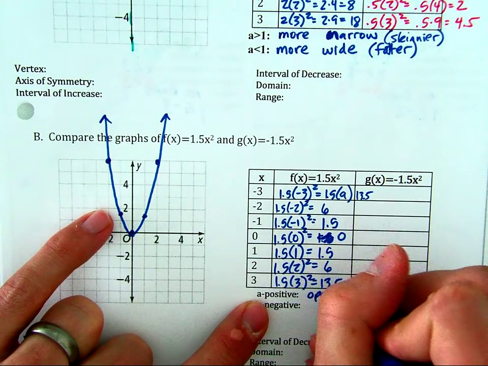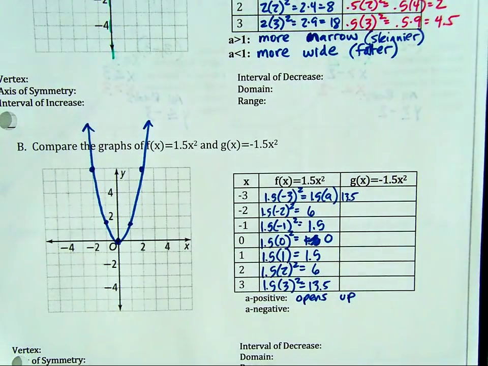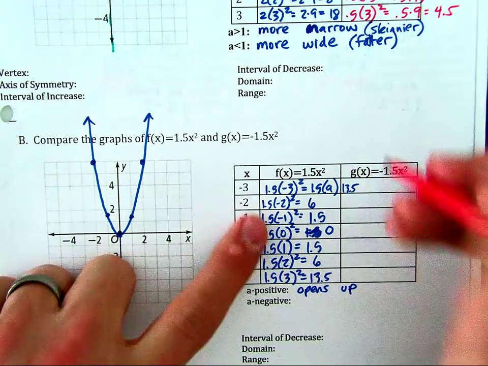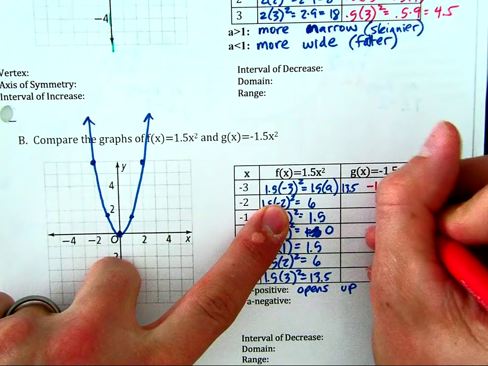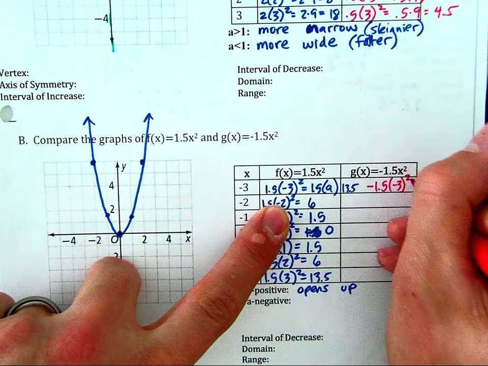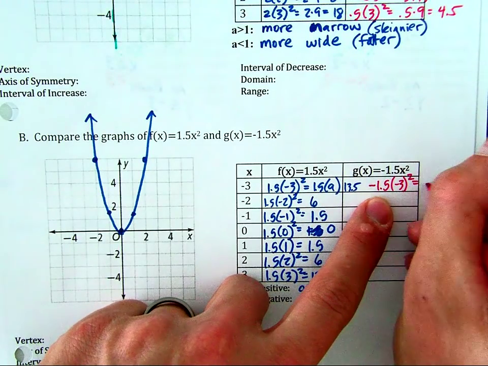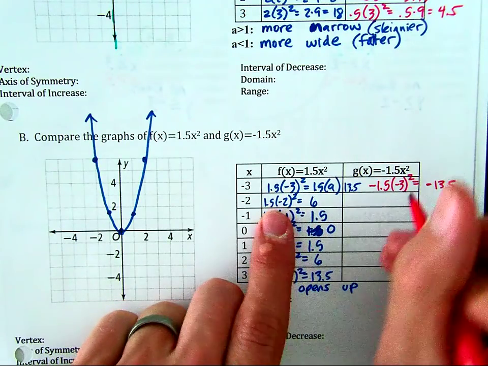Now, the biggest difference is, notice here with g of x, we have a negative 1.5. So we're going to take a negative 1.5 times negative 3 squared. This is still going to be 9, but when I multiply this, it's now going to make this a negative 13.5. Here, we take a negative 1.5 times negative 2 squared.